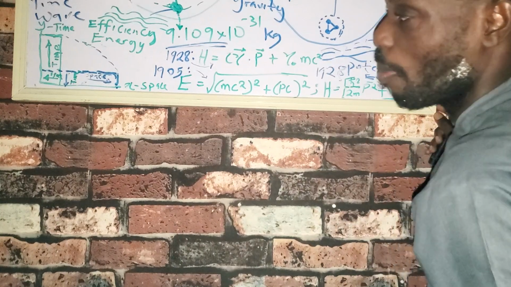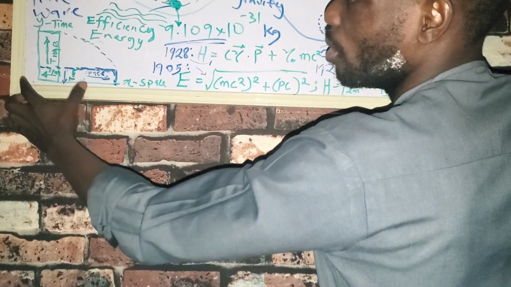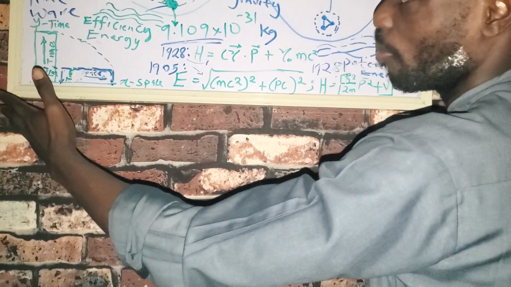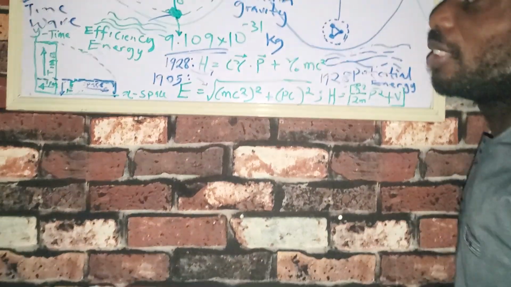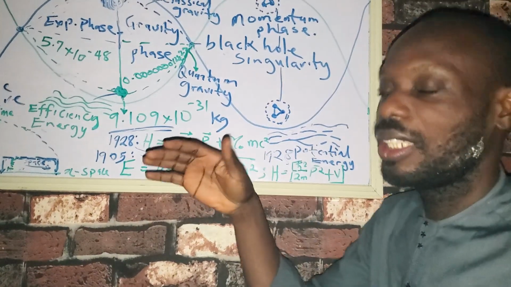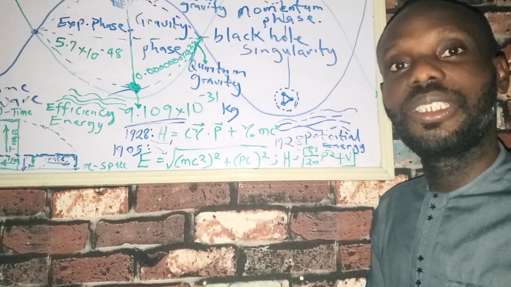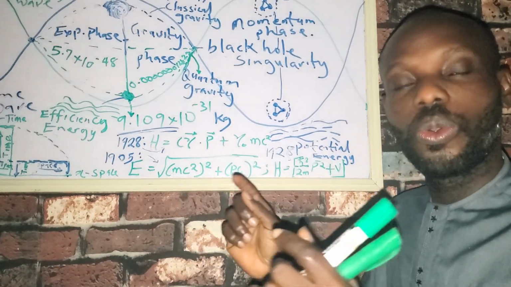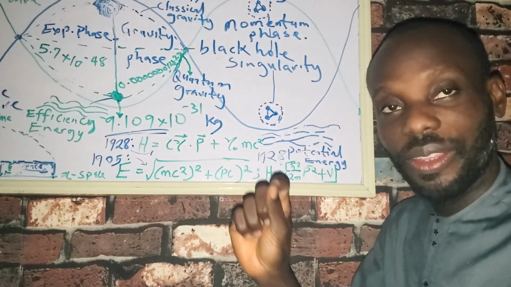This kind of coordinate is not ideal to illustrate the expansion of space, especially cosmological space. It's not ideal to explain it, and there is where the first problem is.